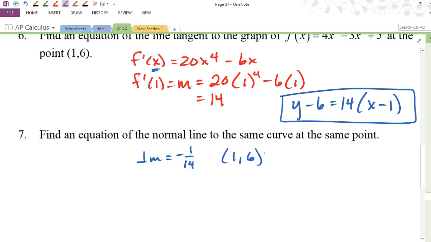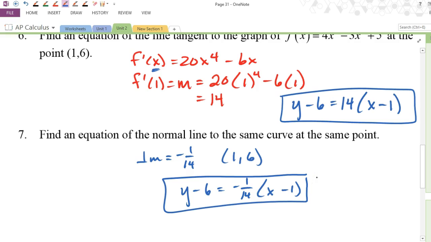Write the equation for that. y minus 6 is equal to negative 1/14 times x minus 1. A normal line is simply the perpendicular to the tangent line. Everybody good there? That's pretty simple, right? Moving on.